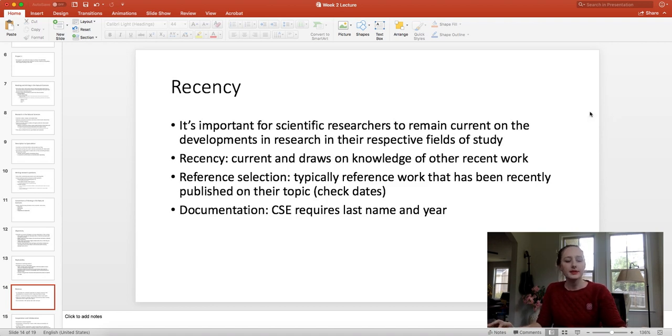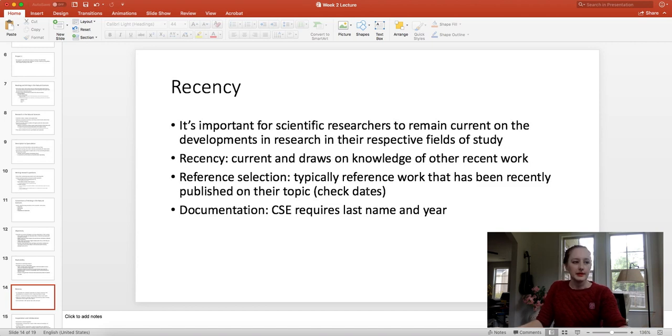So you'll notice that they're drawing on current knowledge and recent work in that field. And they're typically going to reference work that's been recently published. So if you look at the dates in a reference page or pages, because they usually use a lot, you'll notice that tends to be very recent to when their study was done.